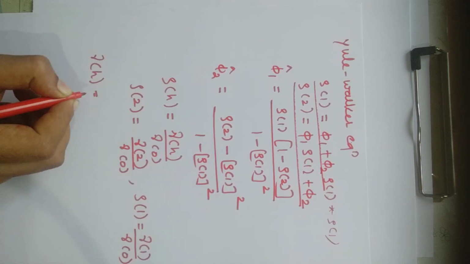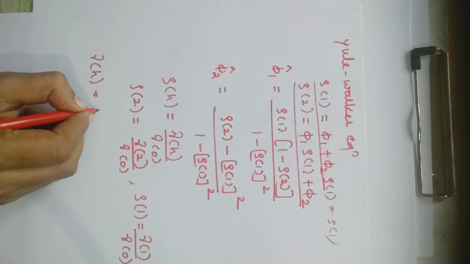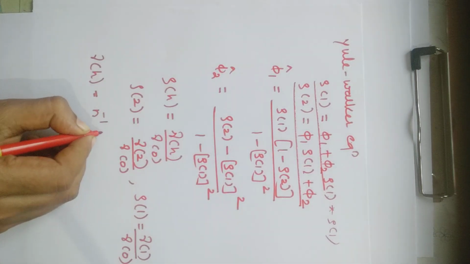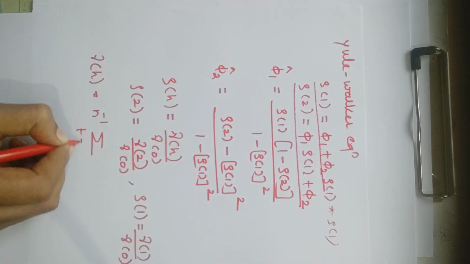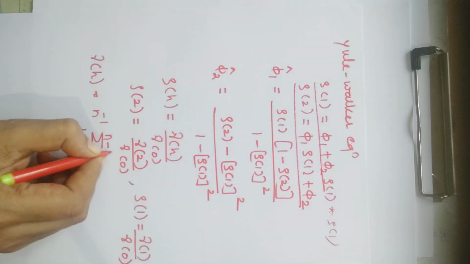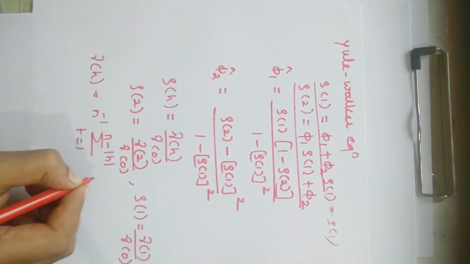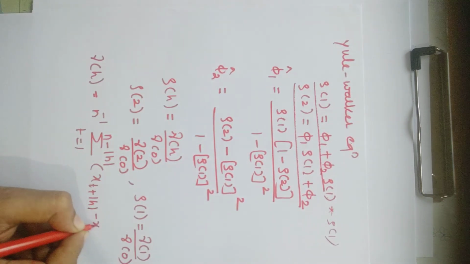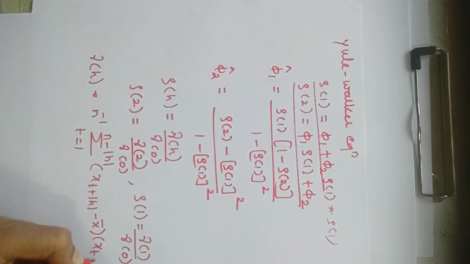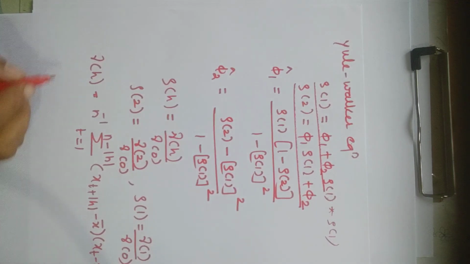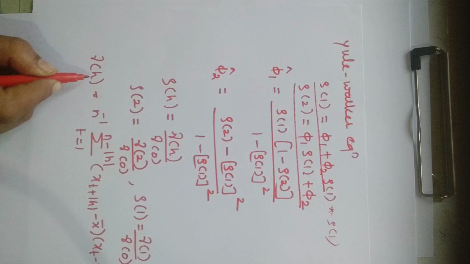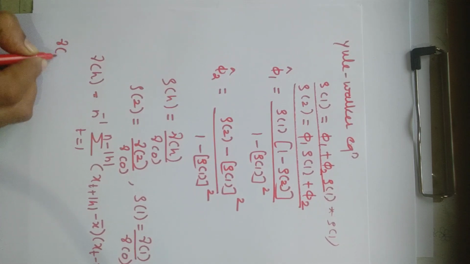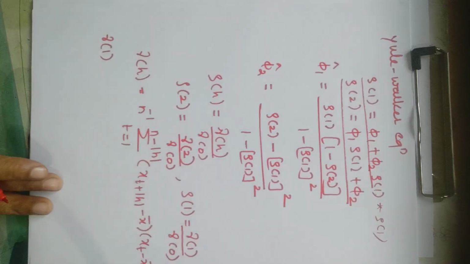Gamma h is equal to n to the power minus 1, summation t equal to 1 to n minus mod h, xt plus h minus x bar and xt minus x bar. So using this formula, to find gamma 1, we put h equal to 1.